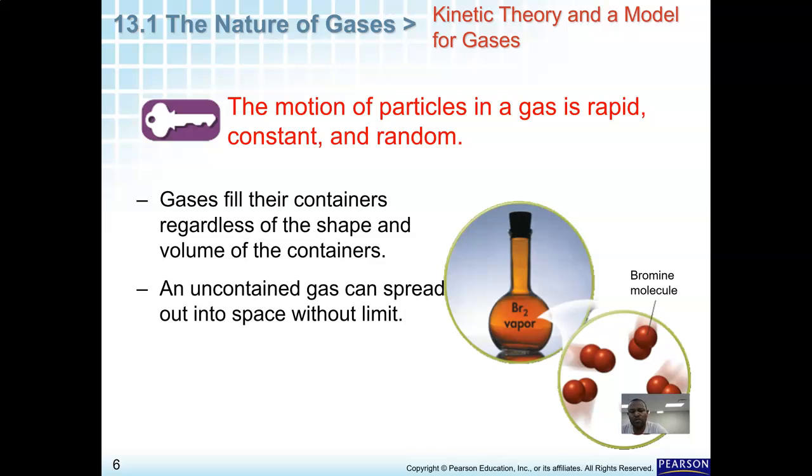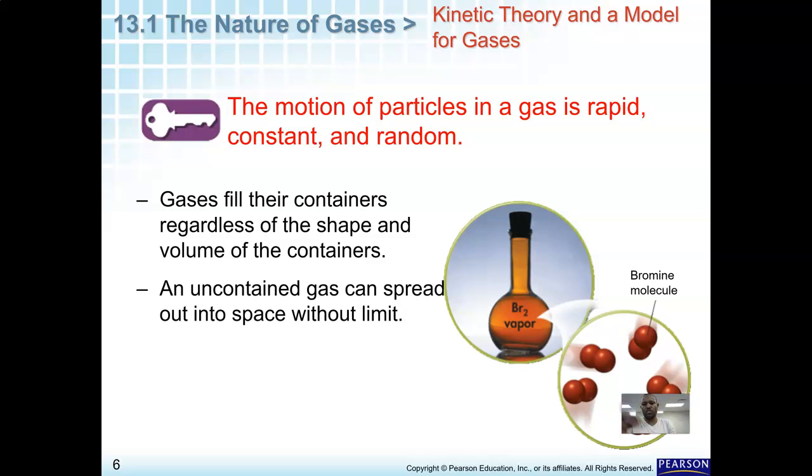But other than that, all gases are rapid. They have high speed, their speed is constant, and they also move in a random direction, which means they don't always travel in a straight line. When 2 particles travel in air, each moving at 343 meters per second, and one travels this way and the other goes that way, at one point they collide. After collision, they each change their direction.